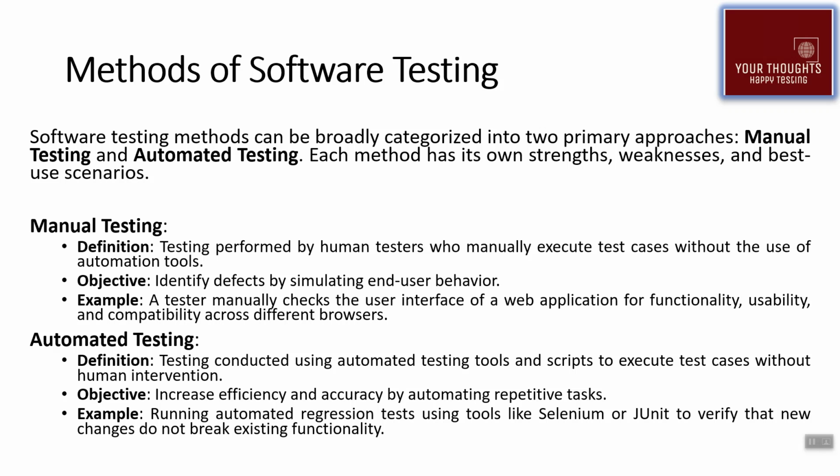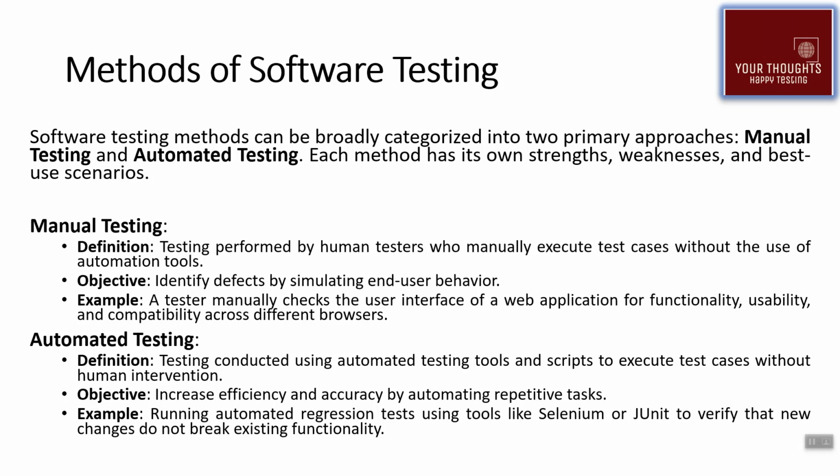Manual testing is normally performed by humans. There is no tool intervention involved in this type of testing. In automation we are dealing with different tools like Selenium, SoapUI, Postman, Burp, and some other tools which perform testing on behalf of humans.